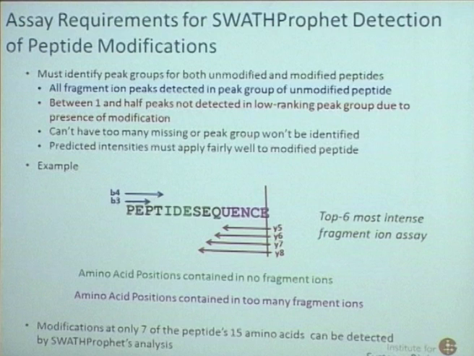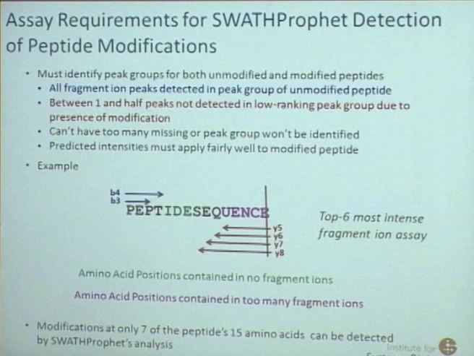And so here's an example where, with these assays, we mainly have just the top 6 ions in this assay. And so if we scan across all of this, we don't have all of the fragment ions, and at the moment, it can't contain too many fragment ions either. And so in the end, we can only detect modifications in 7 of this peptide's 15 amino acids using our analysis.